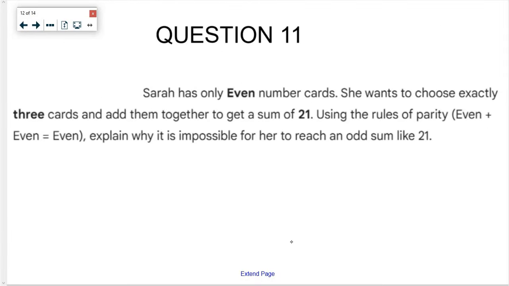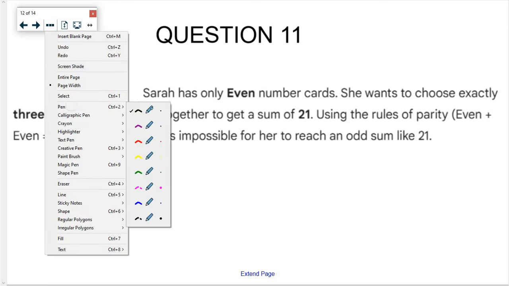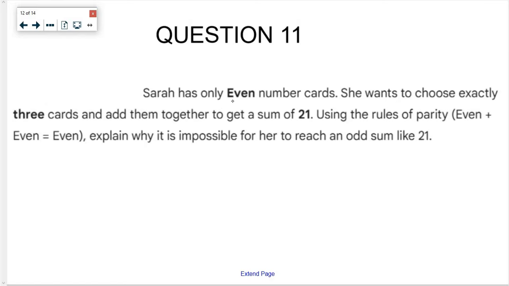The next question. Question number 11. Sarah has only even number cards.